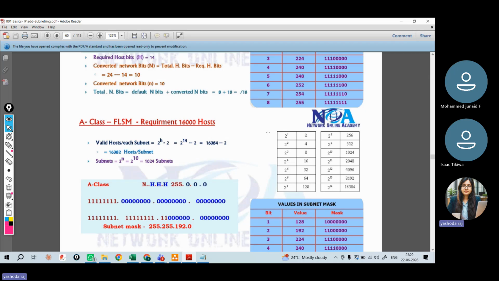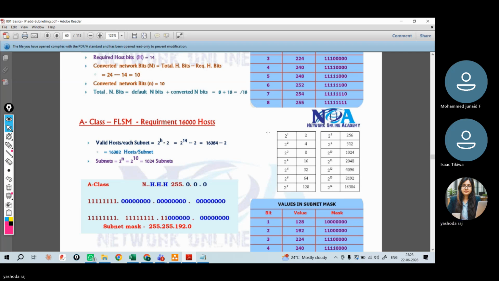How many bits for host here? Default host bits. 14? Or 18? 18 or 14? 3 octets, 8 plus 8 plus 8. Twenty-four bits for host, the default host bits.